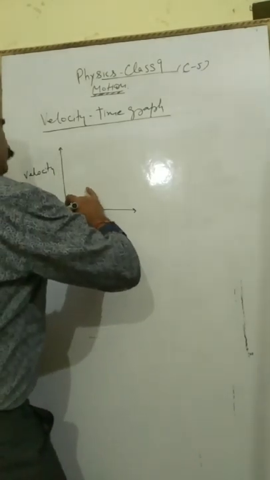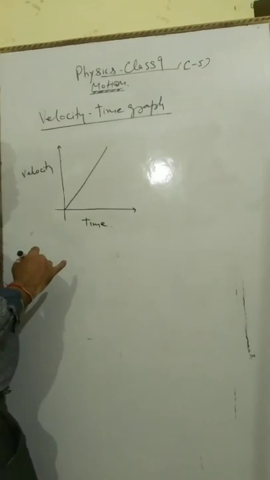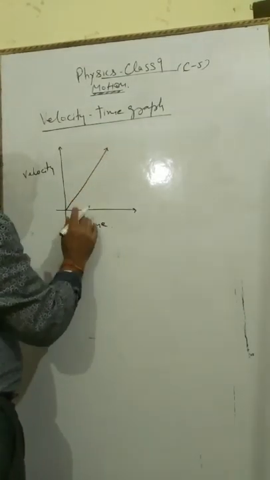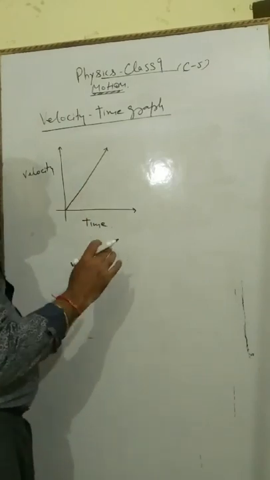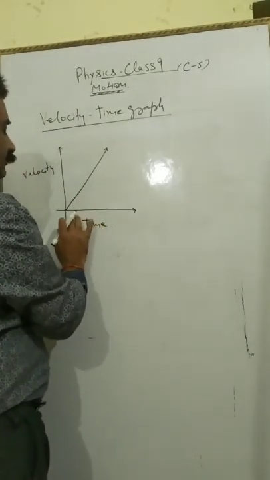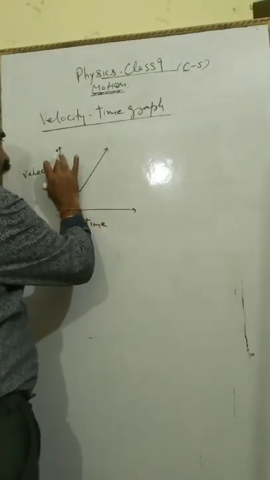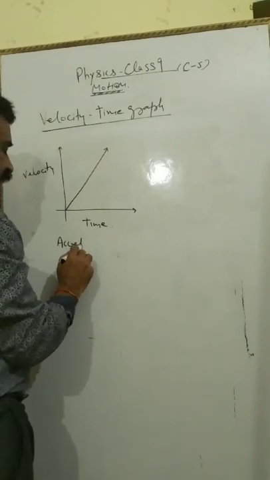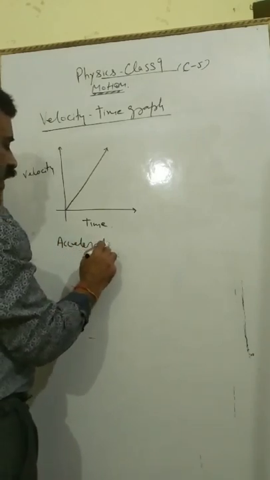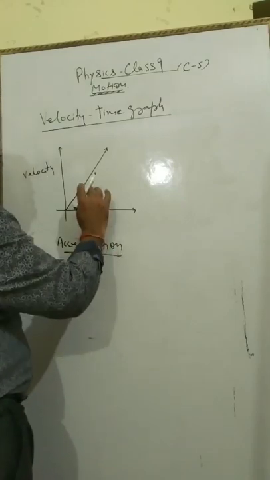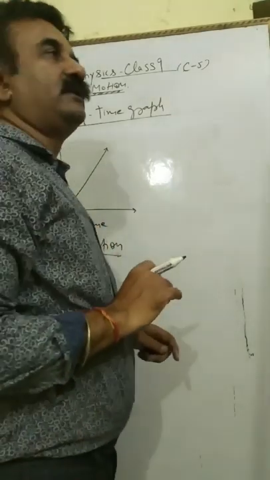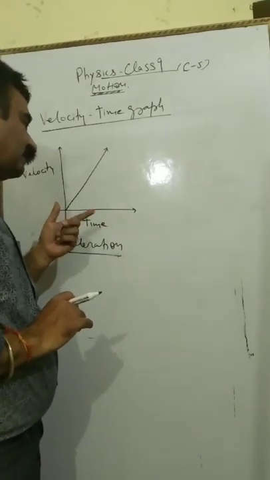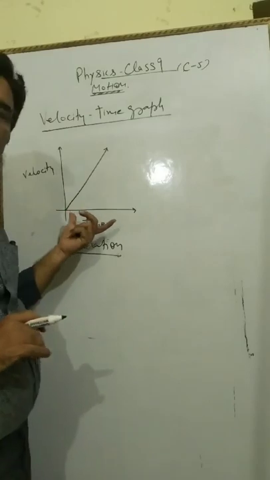So if you have a straight line like that, it means the object is undergoing acceleration, because with time velocity is increasing. From this graph, we can conclude that acceleration is there. So here we are studying the change of velocity with time.